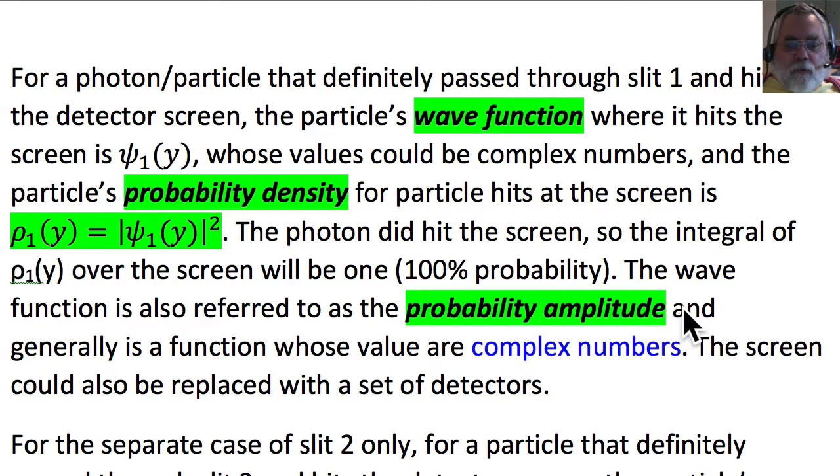The wave function or probability amplitude is generally a function whose values are complex numbers. Since psi may be a complex number, we use magnitude squared for probability density rho, not simply psi squared.